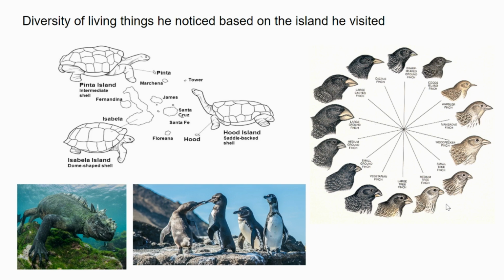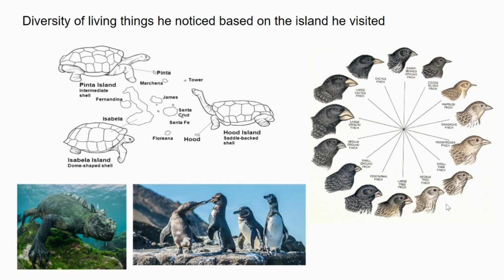With the finches, he saw that on some islands there were dark colored finches, while on other islands they were lighter in color. They all varied in beak size and shape, and he noticed that they varied in what they ate on the islands or where they made their nests. Why would there be such a difference if they were all part of the same species? Were they actually different species of very similar organisms? But why would that all be the case?